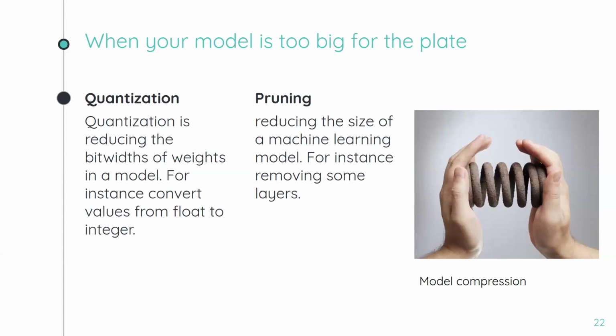So you can remove these layers, and once you do, it reduces the size of your model, and it makes your model easier to deploy to production or to make usable by others. This could be called model compression. So you are compressing your model to be smaller so that you can deploy it on any platform.